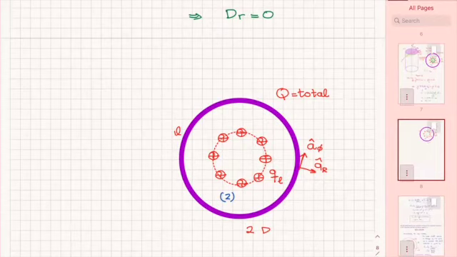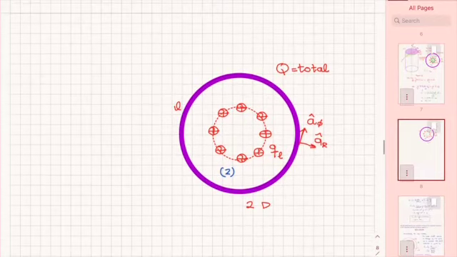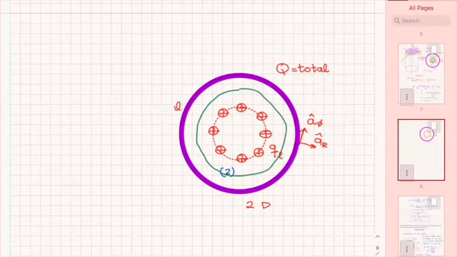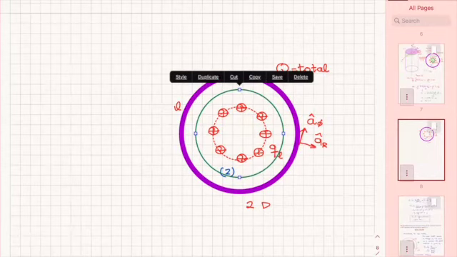And what I do, I find a similar Gaussian surface, as we call it, but now that includes the charge. So the green line that I used is gonna go here. All right, that's my Gaussian surface, and it is inside region 2.